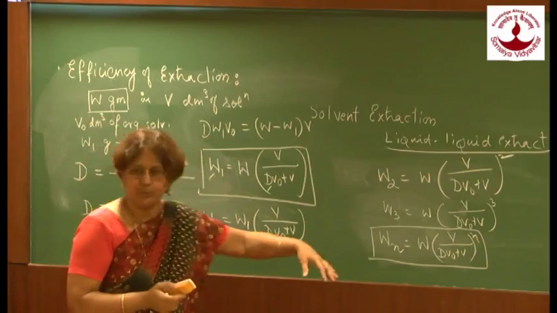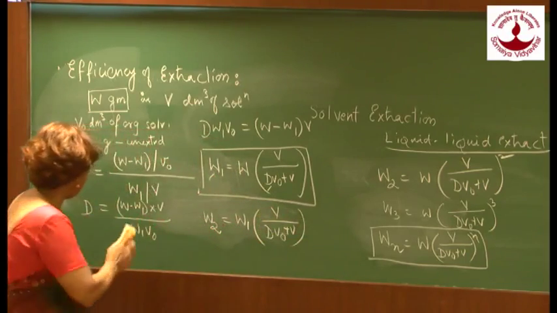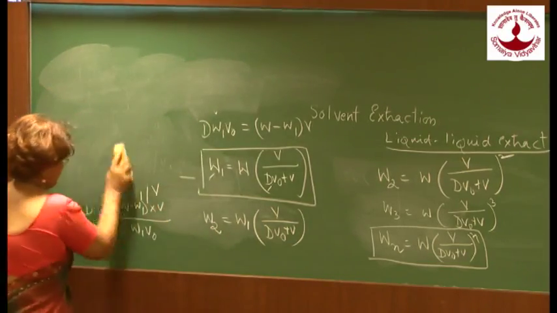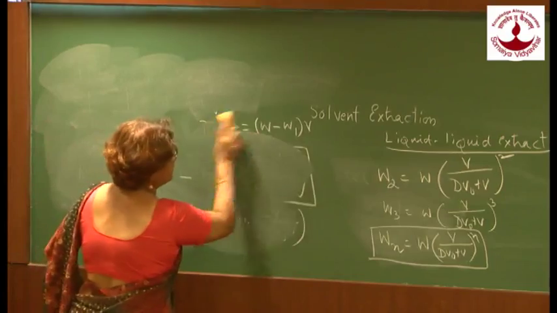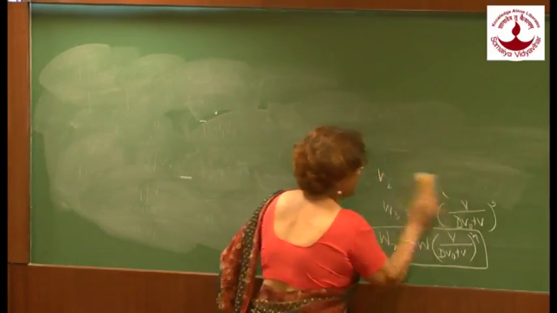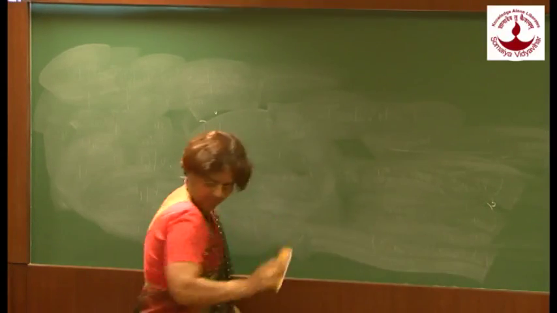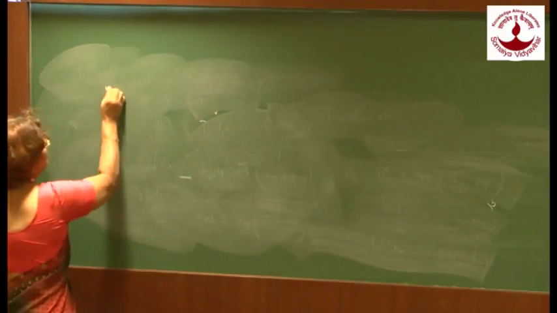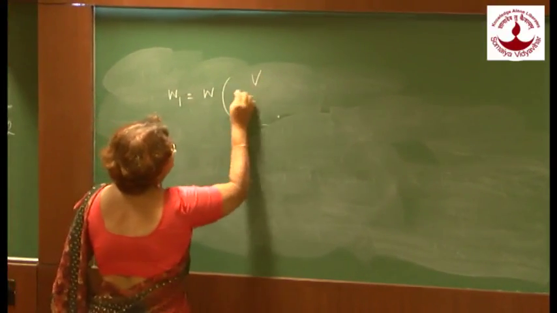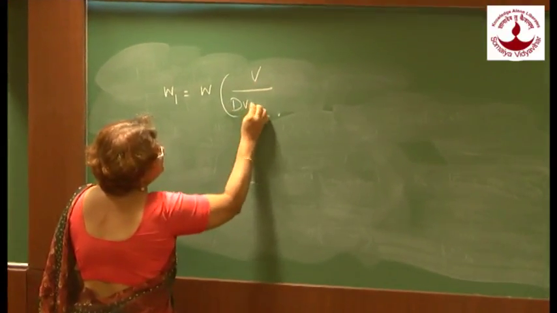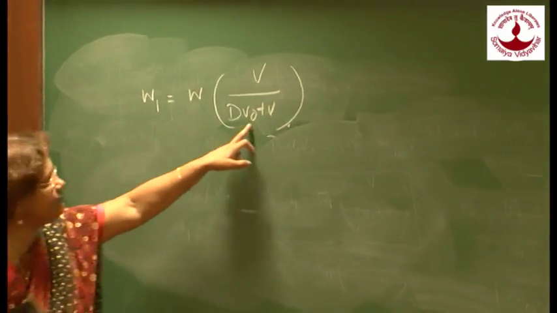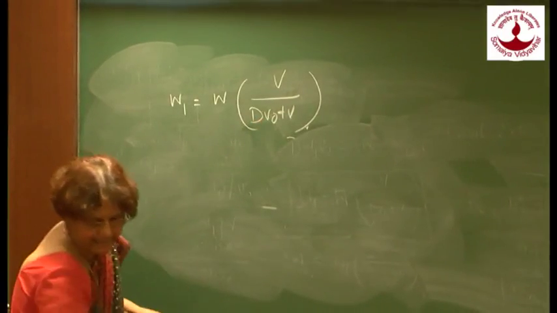The same point we can prove in one more different way. I'll show you that. W1 is equal to W V upon D VO plus V. Now, instead of writing VO, we will write N VO.